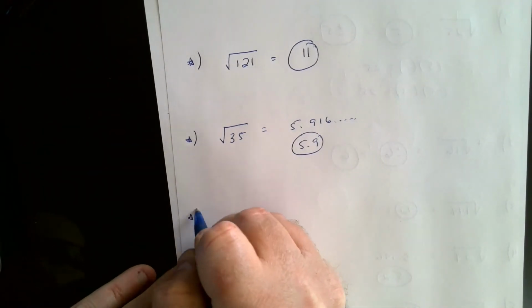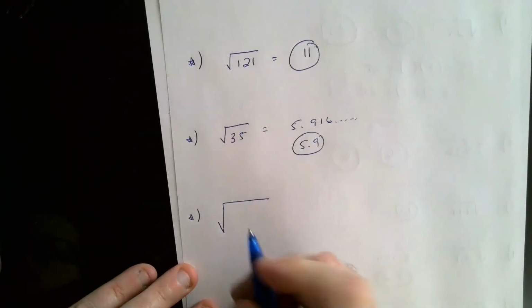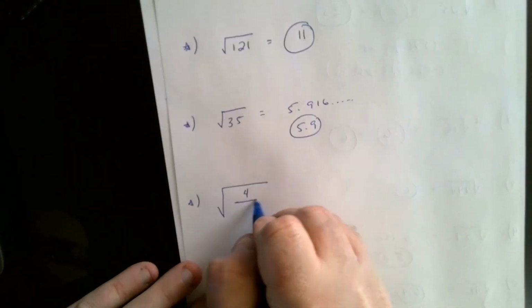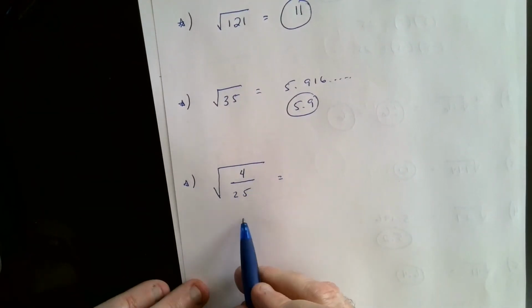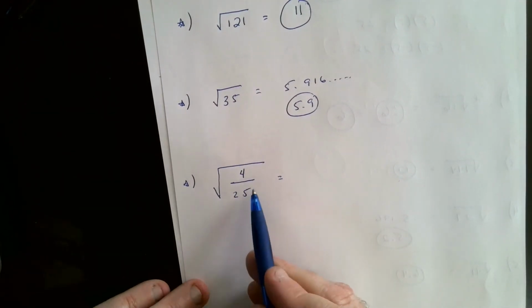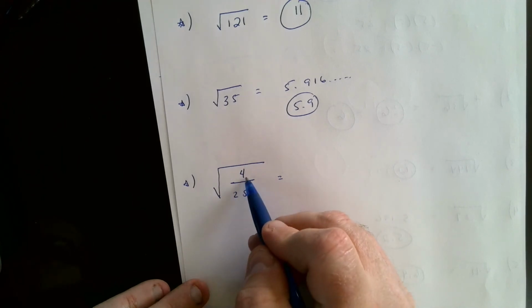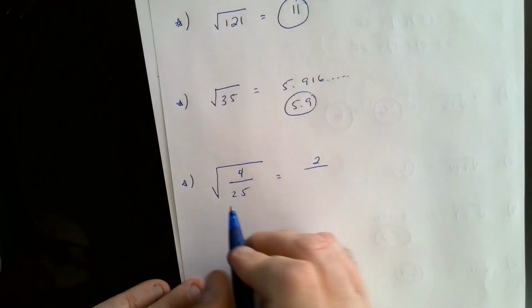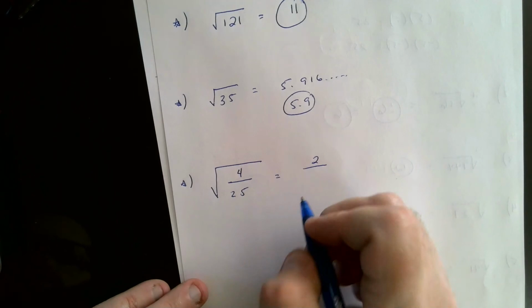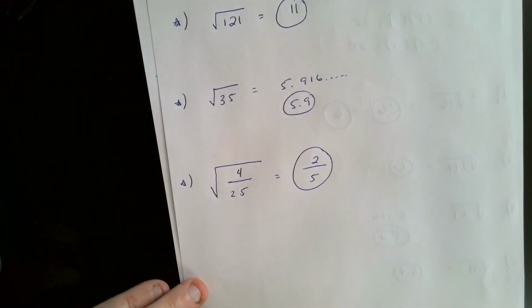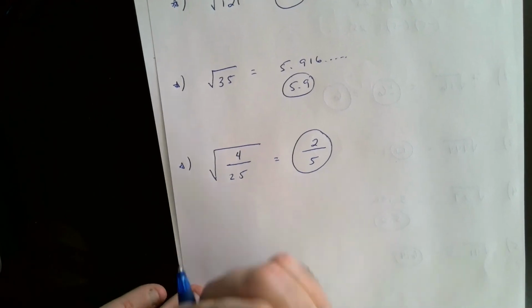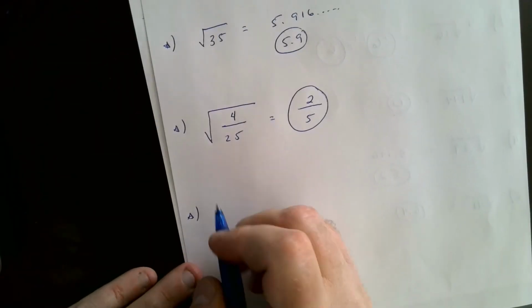We also need to look at them in fraction form. So if it asks for the square root of 4 over 25, we treat it like two separate problems. The square root of 4 is 2, and the square root of 25 is 5. So there's my final answer. And then we have the ones that are in equation form.